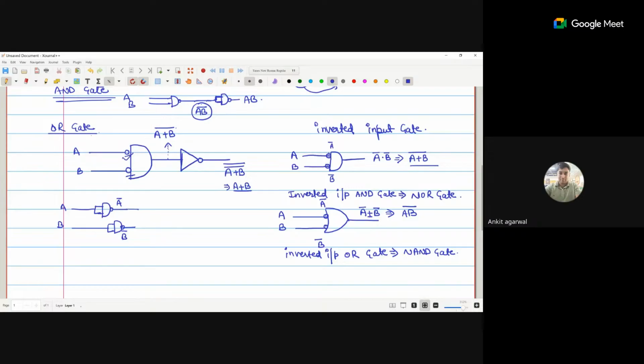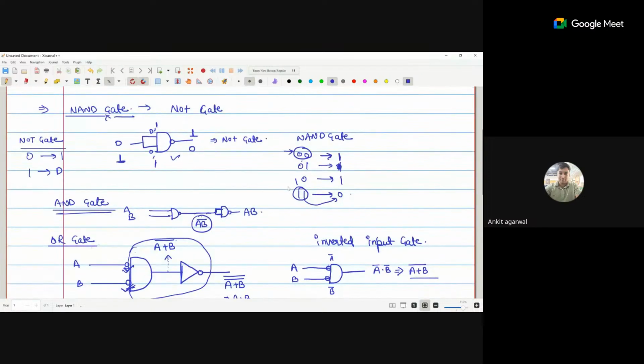We implement this as a NAND gate, this also a NAND gate, and this AND plus NOT part also, so we get A plus B. So for a NOT gate, one gate is required. For an AND gate, two gates are required. For an OR gate, three gates are required.